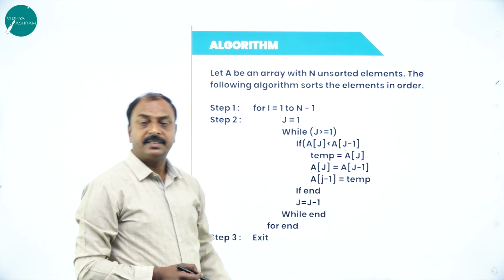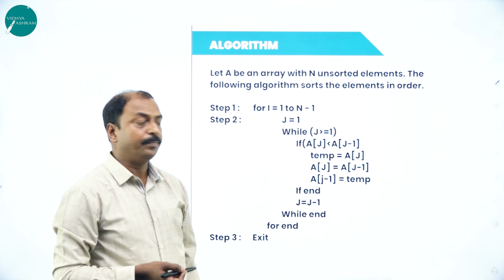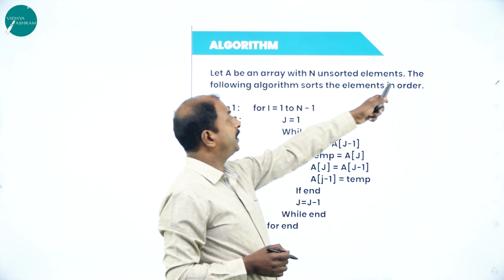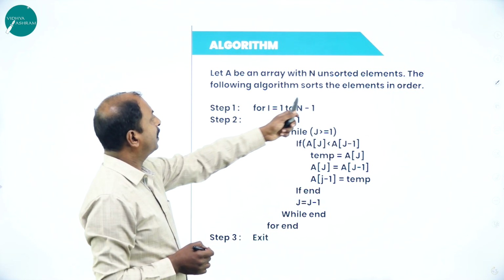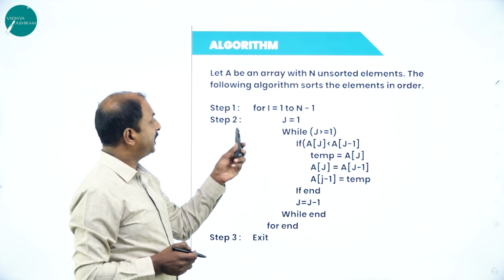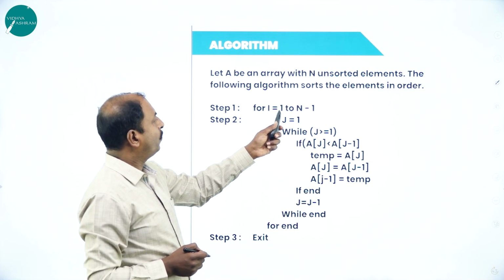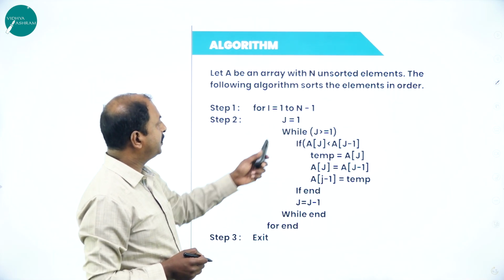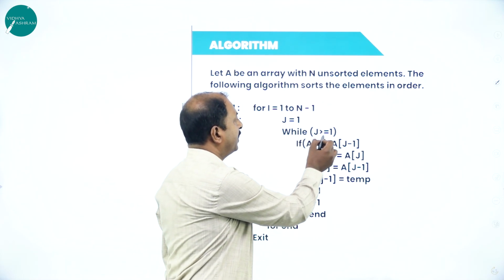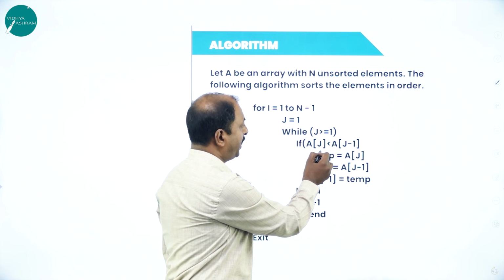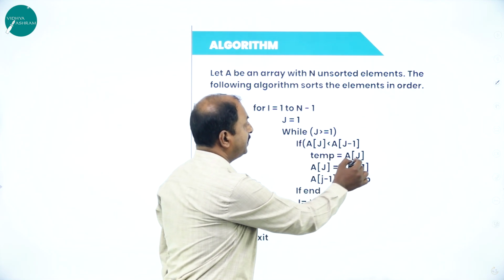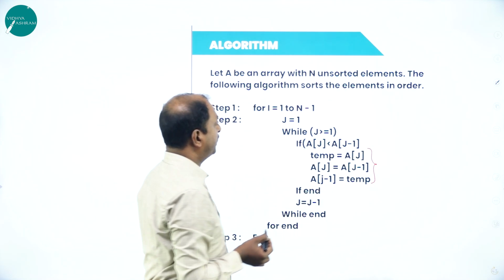Now let us see an algorithm for the same. Let A be an array with n unsorted elements, and the following algorithm sorts the elements in order. Here, the first step is for i equals 1 to n minus 1, and j equals i, while j greater than or equal to 1, if A[j] is less than A[j minus 1], these are the steps for interchanging the values.